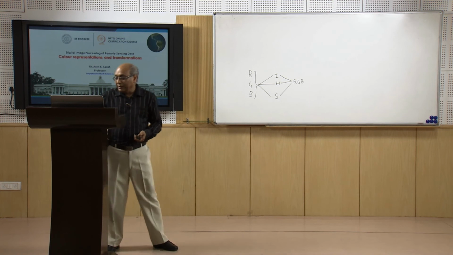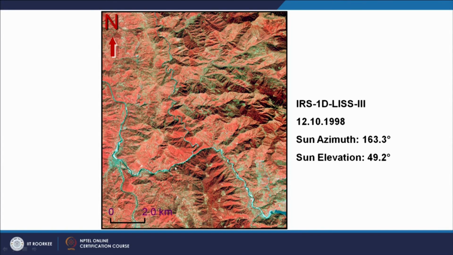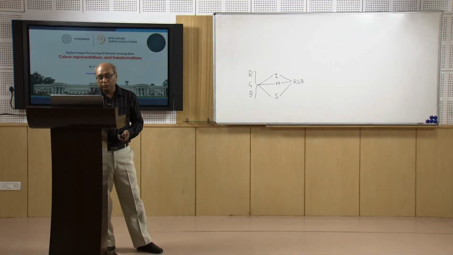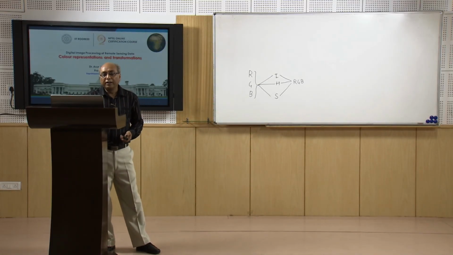The purpose here was, if you see here, because of the false topographic perception phenomenon, you might see the river flowing on the ridge, but actually a river should flow in the valley. But because of certain illumination arrangements and the geometry of the satellite and solar illumination, you feel that the river is on the ridge, and this phenomenon we call the false topographic perception phenomenon.